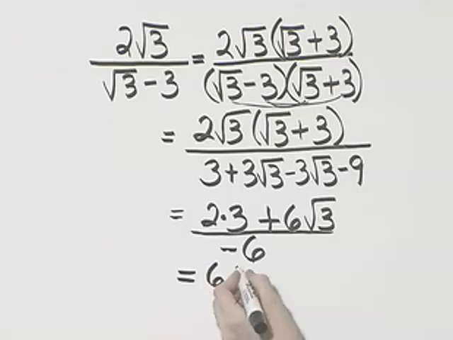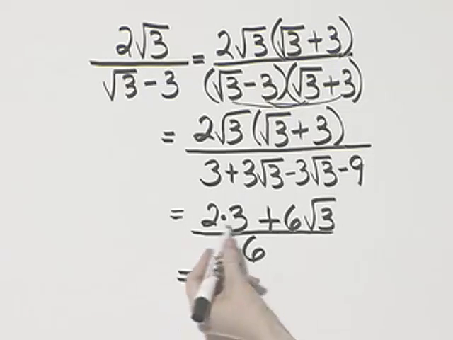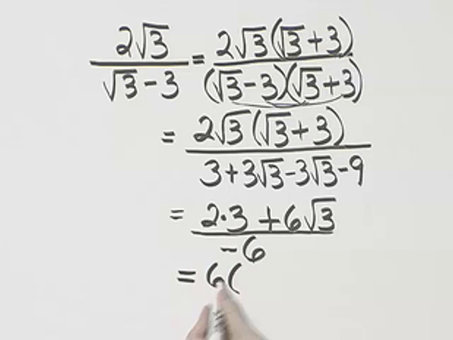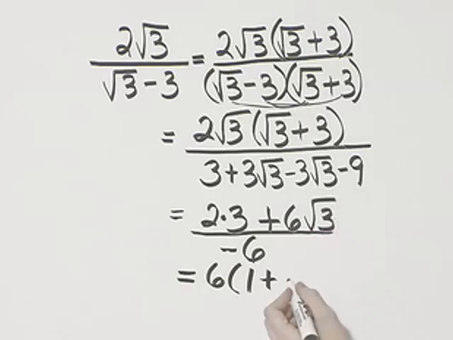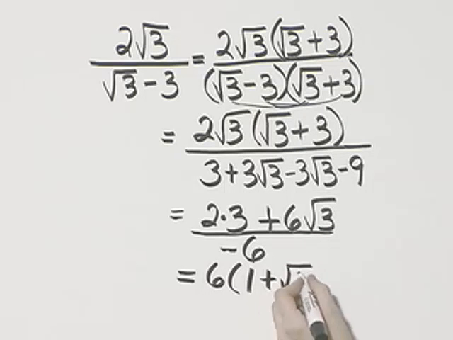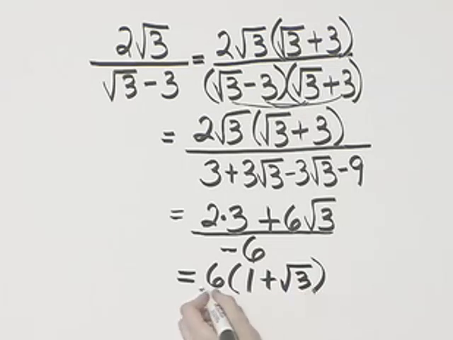If I factor out a common factor of 6, 6 divided by 6, I'm left with 1 plus square root of 3, over this negative 6.